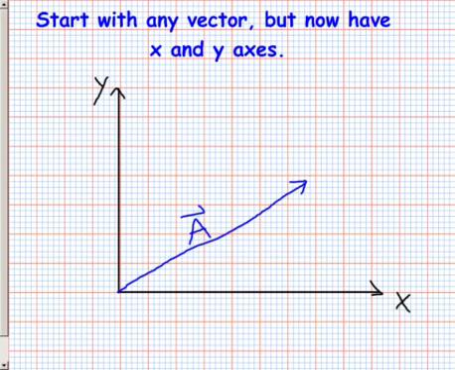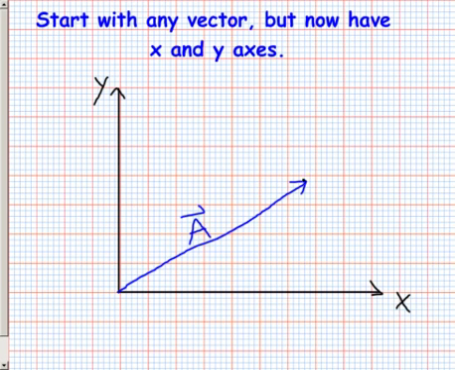And I just drew a vector A on there. Let's pretend that vector A is the displacement vector for me when I walked to the store. It doesn't matter. So my house is at the origin, and the store is going to be out here where I ended up.